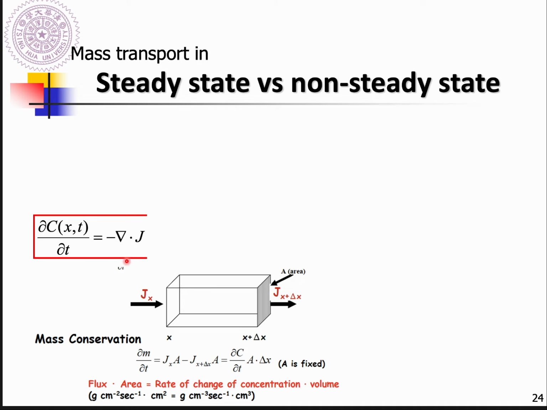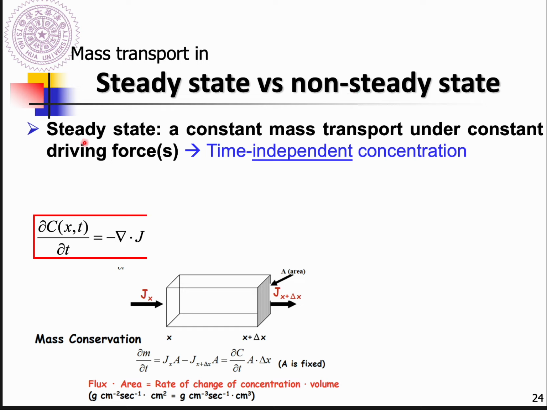Okay? And next, I'm going to move back to talk about steady state and non-steady state. So what's a steady state? As we mentioned, you have a constant mass transport under a constant driving force. So everything is constant, so it will be a time-independent concentration profile.